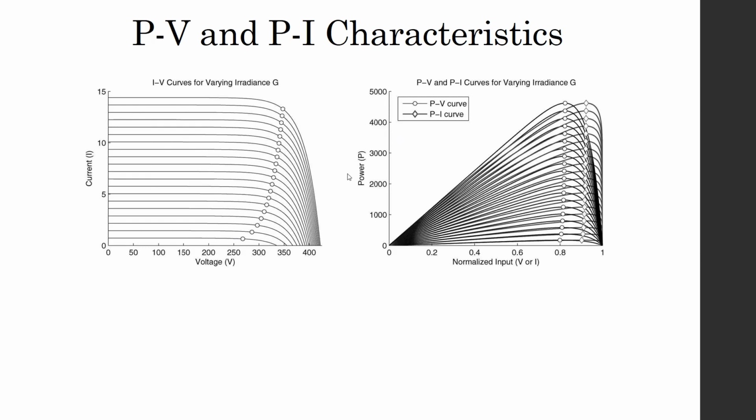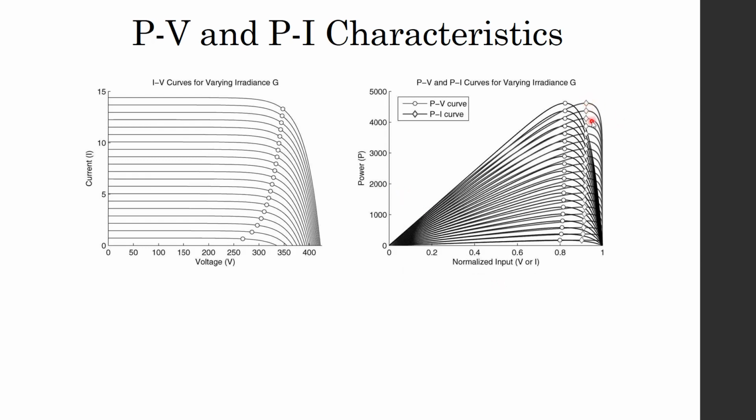Another curve which shows the power versus the voltage or the current. The one with the diamond or four side shape, the diamond shape, is the P versus I. Each of these, let's use the pointer.